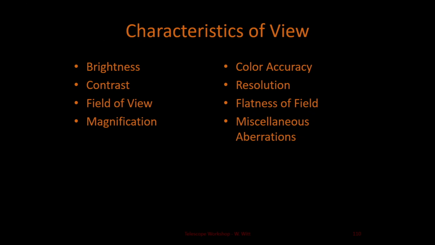How much of the field we can see, how zoomed in it is, what the colors look like, if they are more or less correct, or if there are some aberrations causing little rainbows or other distortions. Resolution, how much we can see, flatness of field, if things get distorted towards the edge of the field, and then other things that can go wrong.